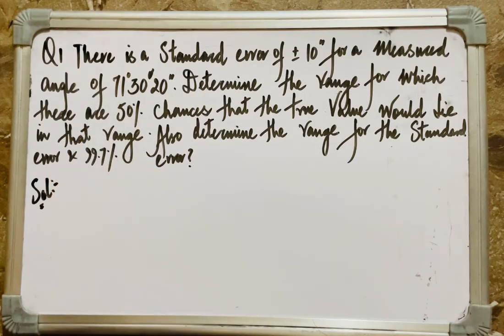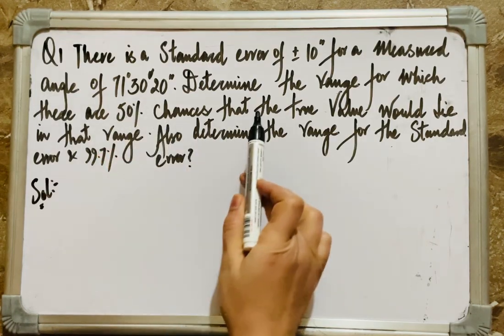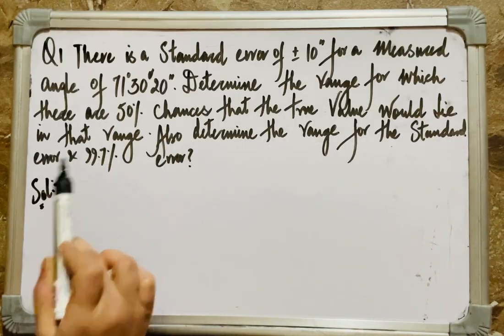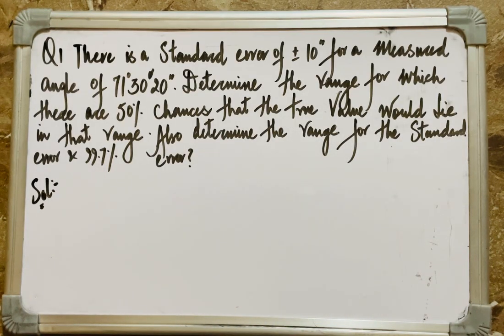Now the question says there is a standard error of plus minus 10 seconds for a measured angle of this. We have to determine the range for which there are 50% chances that the true value would lie in that range. Please recall the discussions held in the previous video lectures, wherein I told you that the most probable error is defined as that error for which there are equal chances that the true value will be less than the probable error or will be more than the probable error.